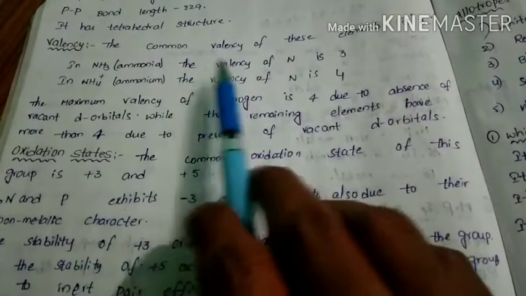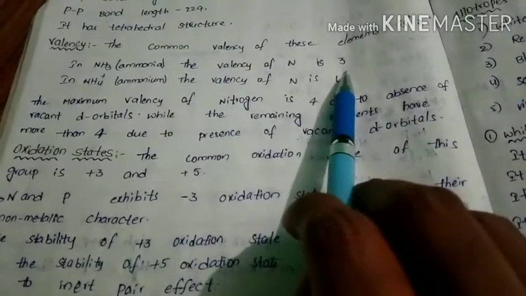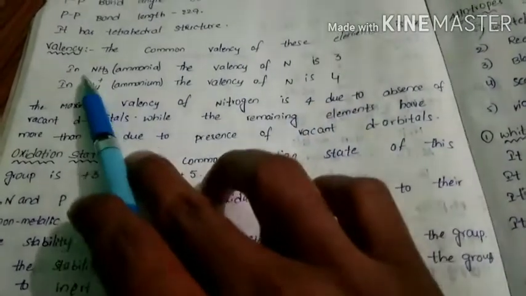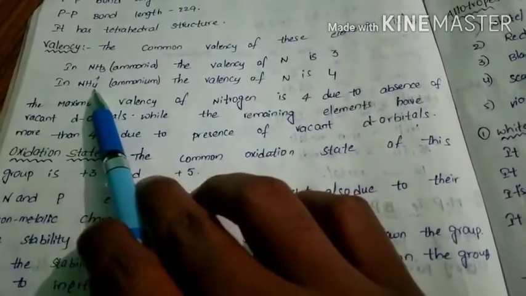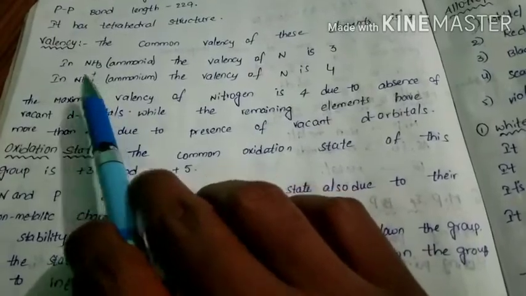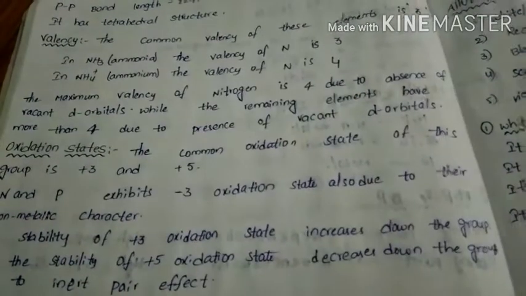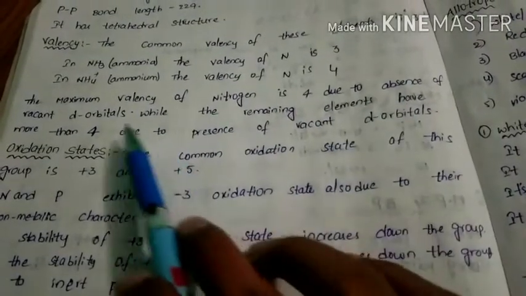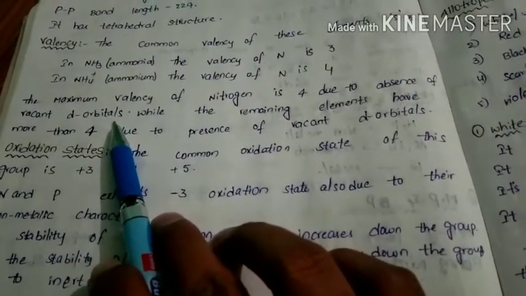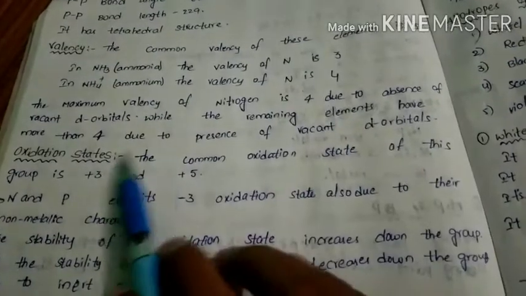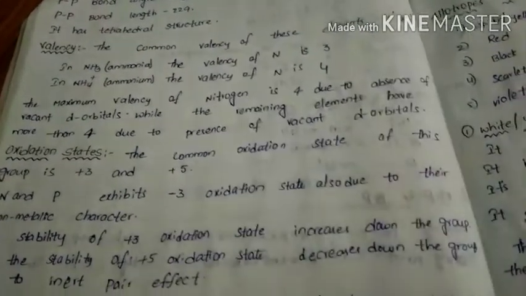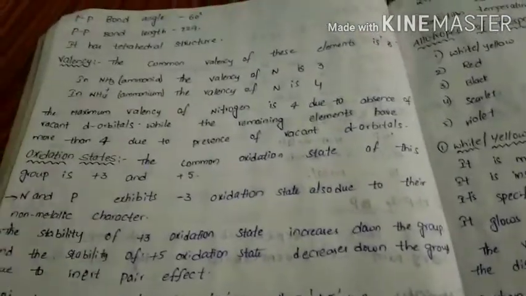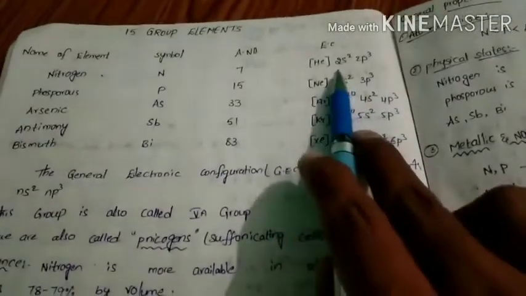In NH3, the valency of nitrogen is 3. How can we say that? Here nitrogen is bonded with 3 hydrogens. In NH4+, nitrogen is bonded with 4 hydrogens, so its valency is 4. The maximum valency of nitrogen is 4 due to the absence of vacant d orbitals, while the remaining elements can have more than 4 due to the presence of vacant d orbitals. Nitrogen's electron configuration, as we discussed already, is 2s2 2p3.